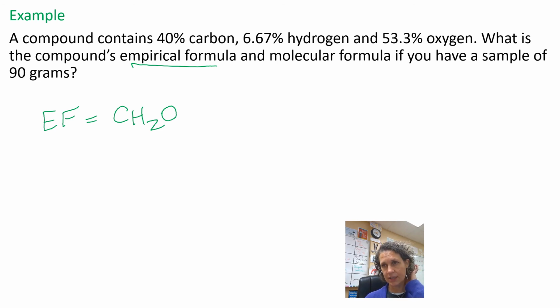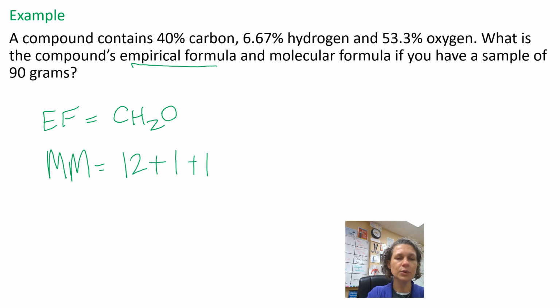All right, so now we've done that. Then our second step is to find the molar mass of CH2O. So molar mass is 12 plus 1 plus 1 plus 16. Okay, so 1 carbon, 2 hydrogens, and 1 oxygen. So that gives you 30.